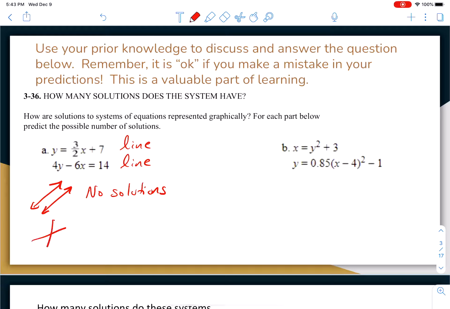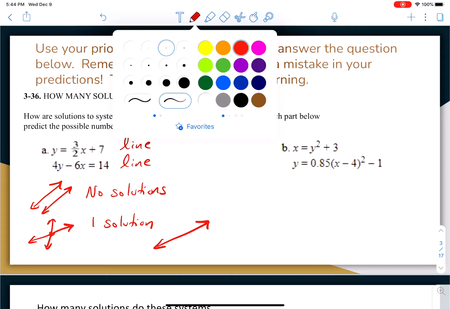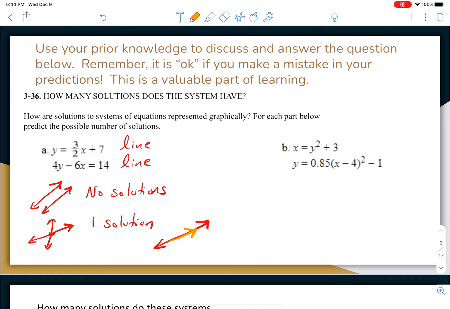Those lines could cross each other in one location. Therefore, there would be one solution. Or those lines could be on top of each other, which would give me infinite solutions.